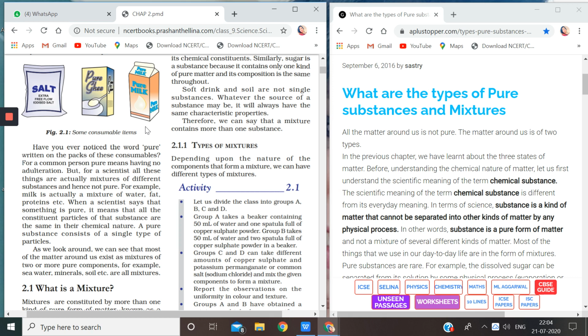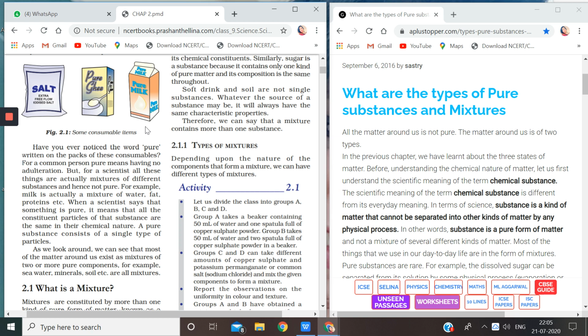Children, if I ask you whether 1 spoon of sugar is pure or not, what will be your answer? I must tell you that yes, it is pure. Now, why is it pure? I am not worried whether it has some adulteration or not.